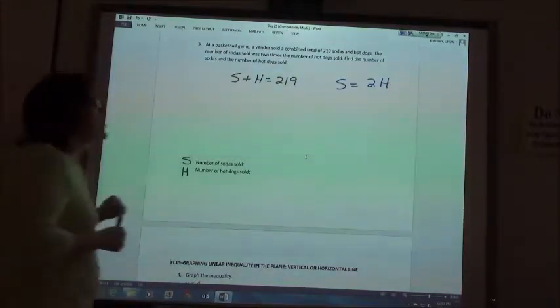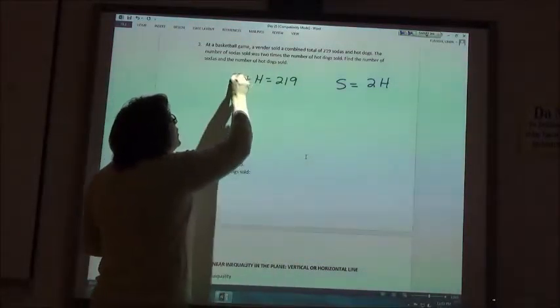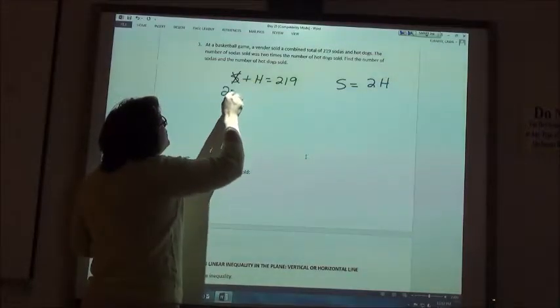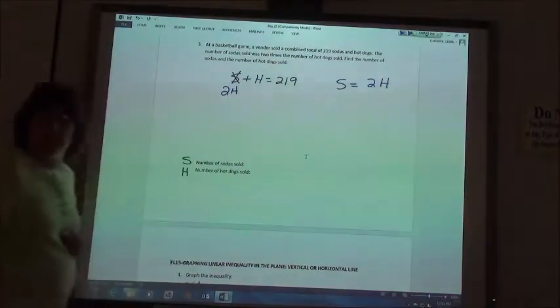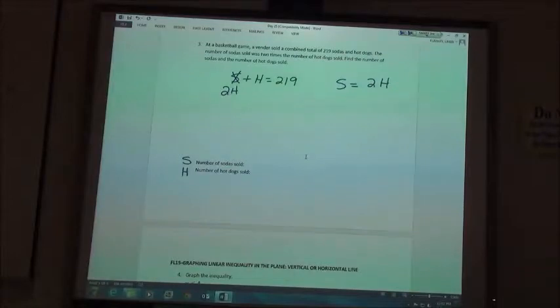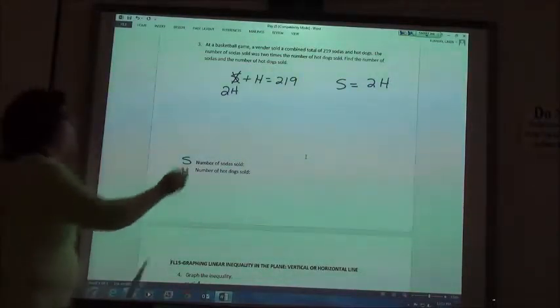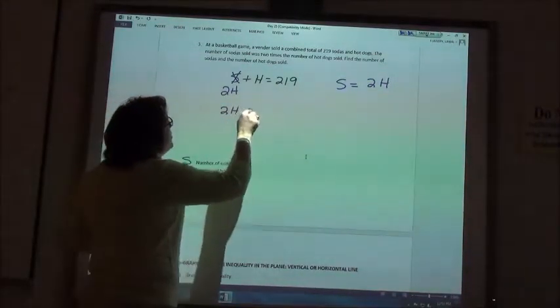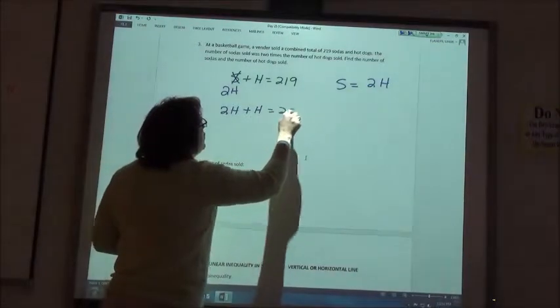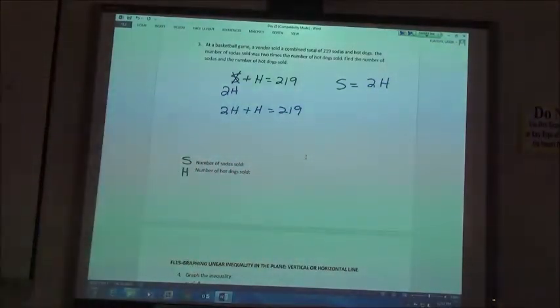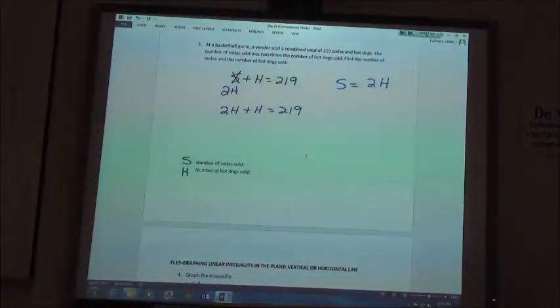So we can solve this one by substitution. We're going to replace the S with 2 H's. So now our equation says 2H plus H equals 219. I can combine my like terms.